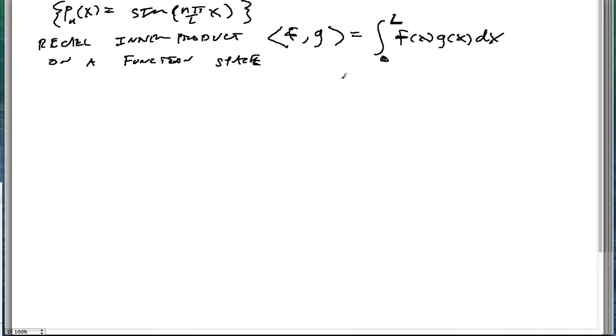And then we have a notion of angle. What we learned was that the inner product allows us to make orthogonal projections.